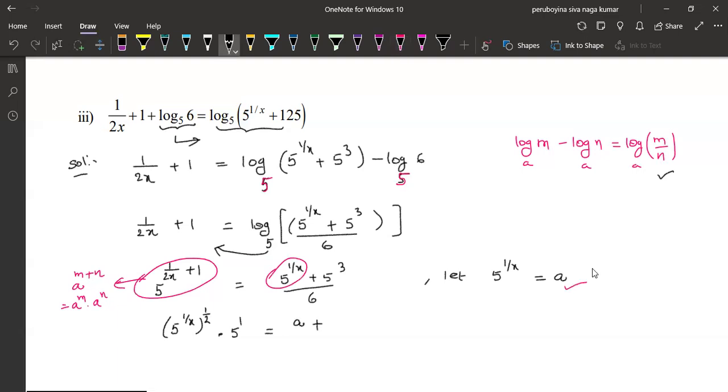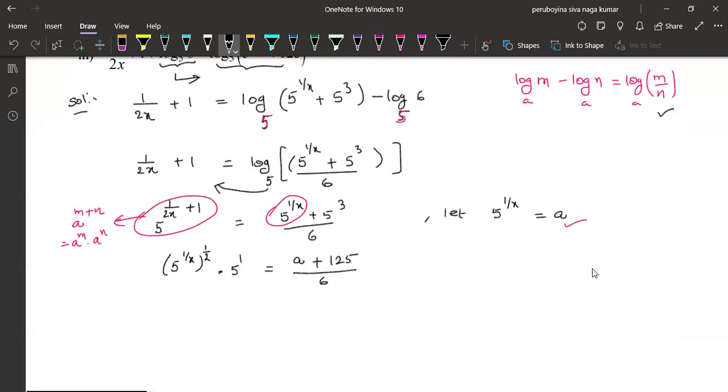So a plus, keep this 5 cube as 125, divided by 6. And assuming 5 power 1 by x as a, its square root you can simply write as root a, so 5 into root a is equal to a plus 125 by 6.